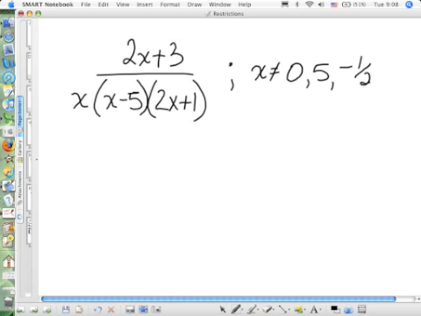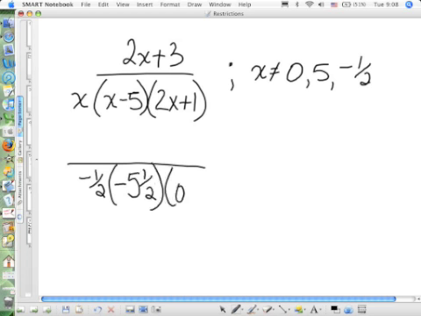Yes, and that's what we're trying to eliminate, because, okay, let's say we've got -1/2. Let's say all the x's are -1/2. That means this x is -1/2. This is -1/2, so that's a -5.5, and that's 0. Well, what do you get when you multiply all three of these together? 0.